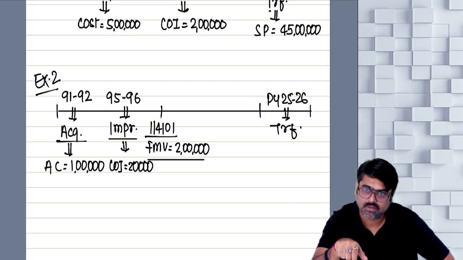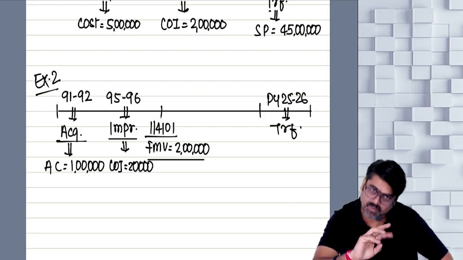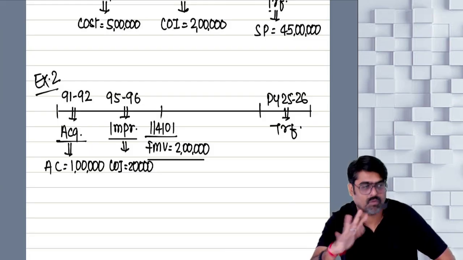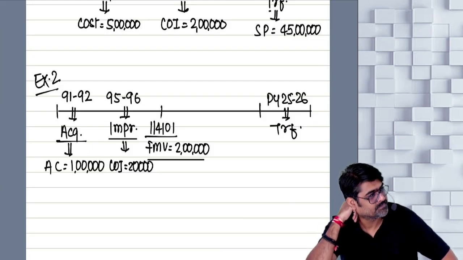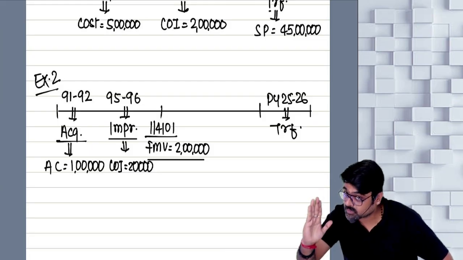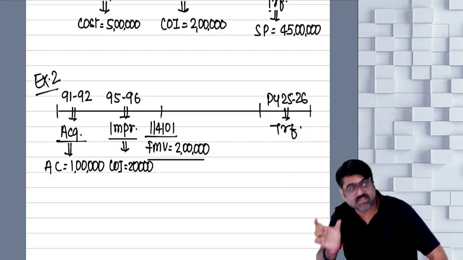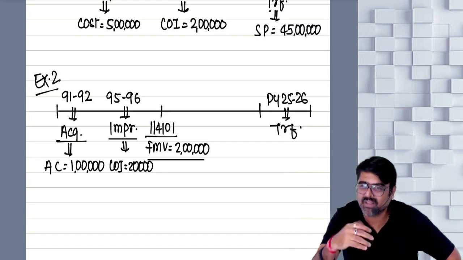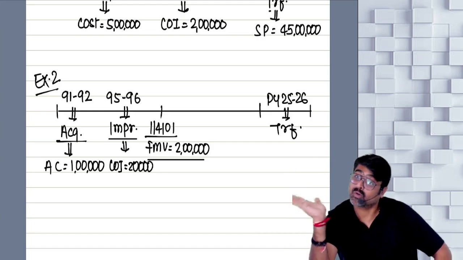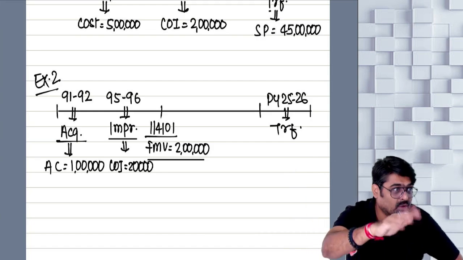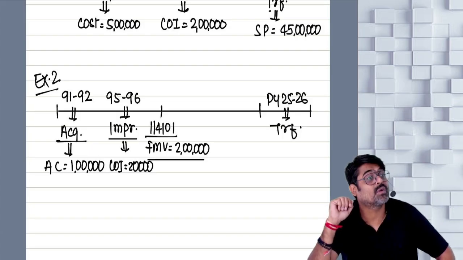And if you want the deduction for that cost of improvement separately, we are not going to allow it. Only the cost of improvements done on or after 1st April 2001 will be eligible for deduction. Did you get the logic? Why is the cost of improvement prior to 1st April 2001 ignored?